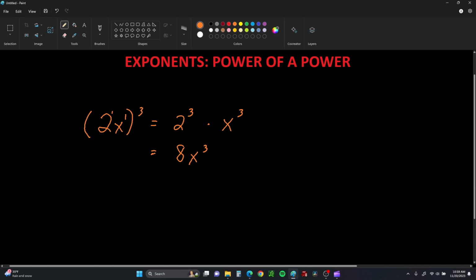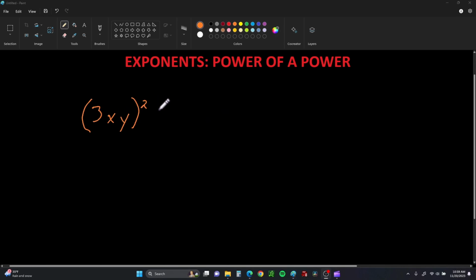Let's take a look at a few more examples of those because they do get more complicated. In this example, I'm going to do this in expanded form also, but first we'll do this quickly. So 3 is going to be squared, times x squared, times y squared.